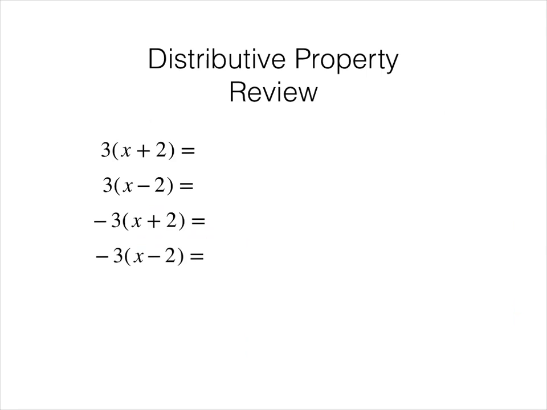So let's remember what happens here when we distribute. We're saying 3 times the x and 3 times the plus 2. So that's 3 times x or 3x, and 3 times plus 2 or plus 6. Same thing here. 3 times x minus 2, instead of 3x plus 6, it's 3x minus 6. And the next one, now with a negative 3, you got to pay attention to your signs.